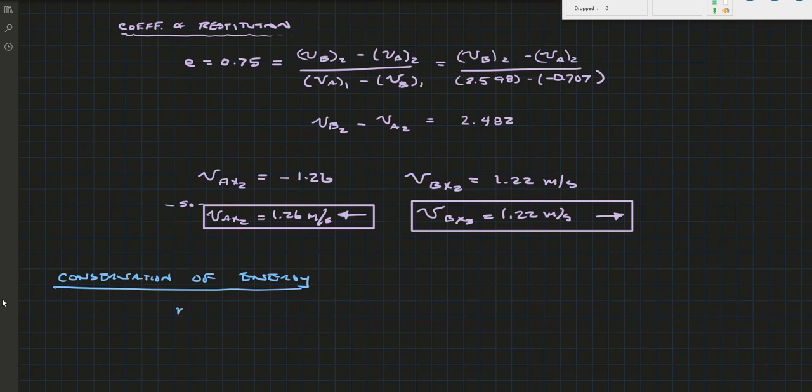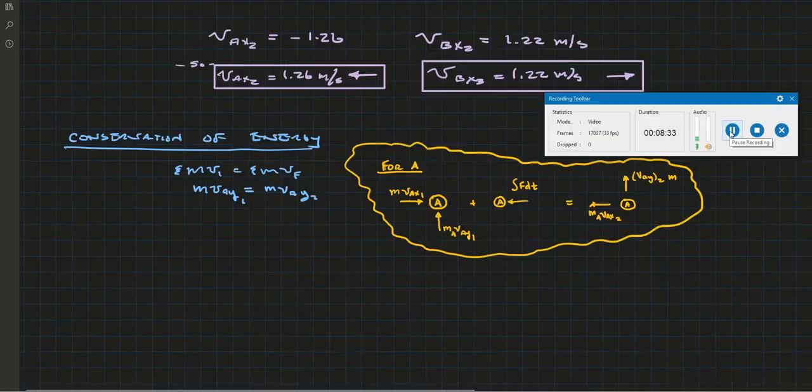However, in this case, the sum of the masses times the velocity initial equals the sum of the masses times the velocity final. We're going to end up with mass times velocity A y initial equals mass times velocity A y2.